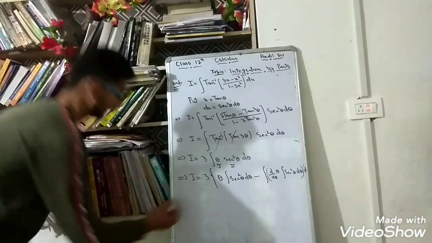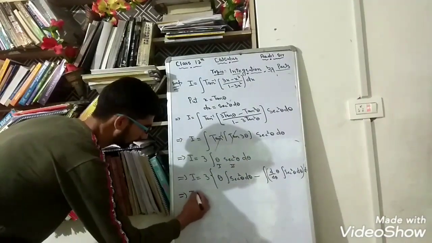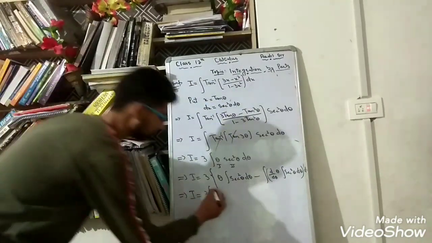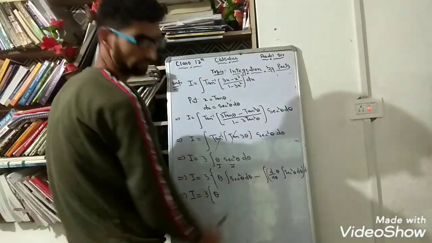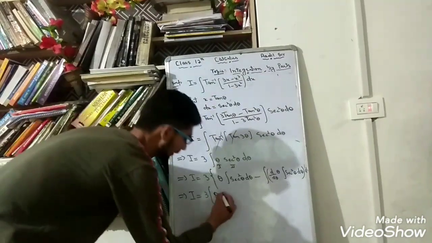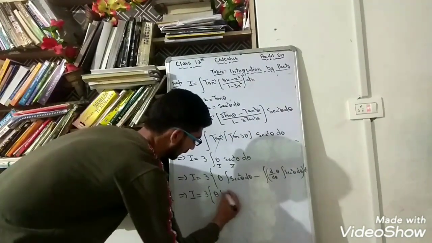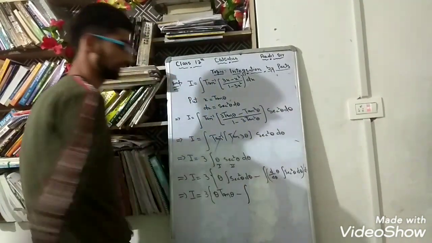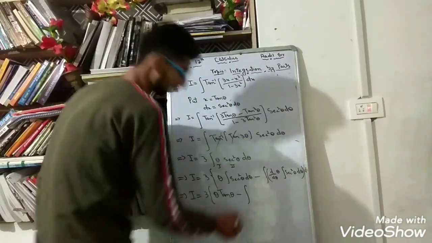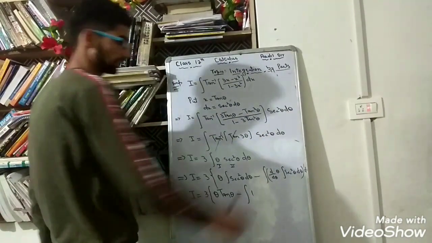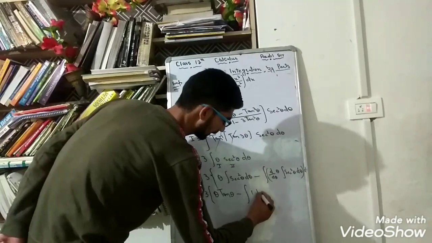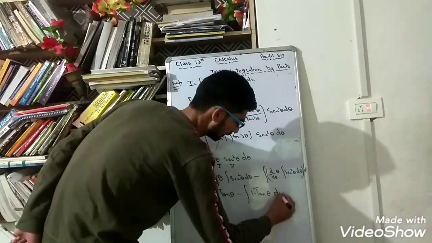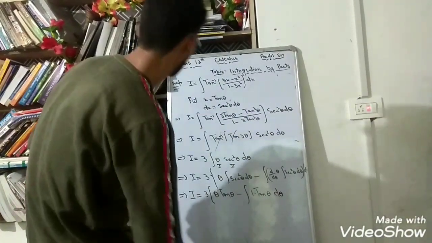Now I is equal to 3 and then theta. What is the integral of sec square theta? That is tan theta. So we have theta tan theta, and then minus integral of d by d theta of theta. What is the derivative of theta? That is 1. What is the integral of sec square theta? That is tan theta, and then we have d theta.